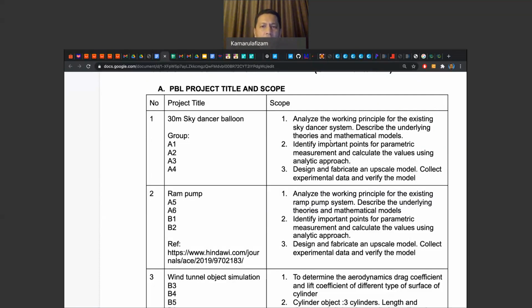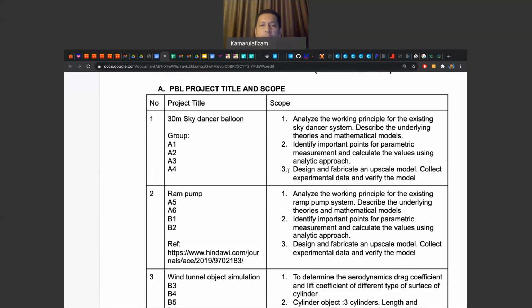I need you to specify what parameters you are measuring at what point, and using the analytical approach, I need you to calculate the parameters. And then what you need to do next is design and fabricate the upscale model. For number one and number two, you can work on the existing design and size that you can find in the market.